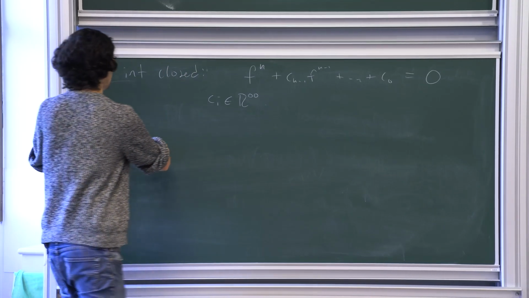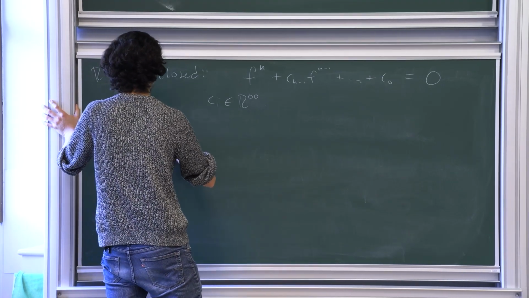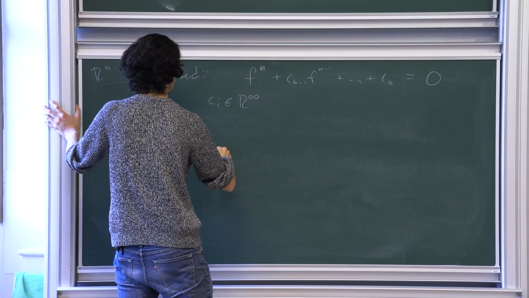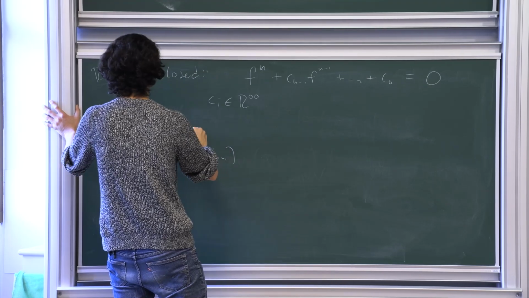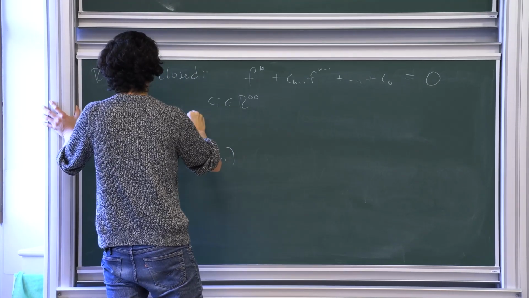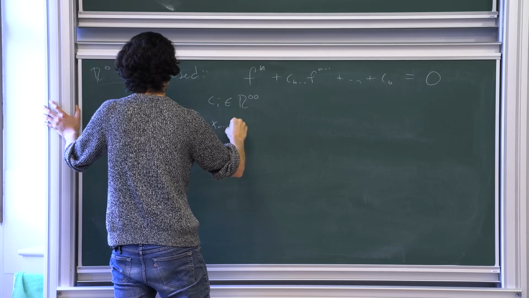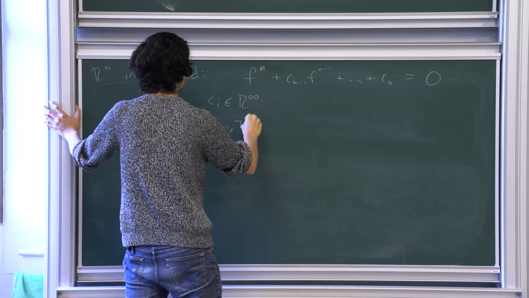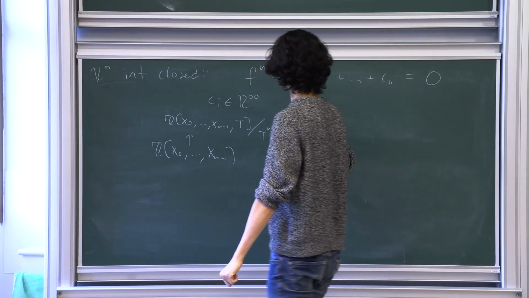So again, we just make the universal things. We have Z bracket x_0 up to x_{n-1}, and over that, we have the ring where you adjoin another variable. Let's call it T, and then you set the equation.